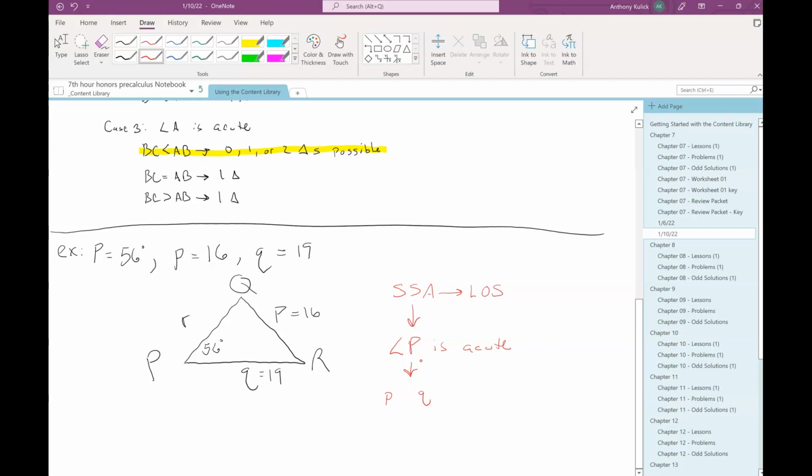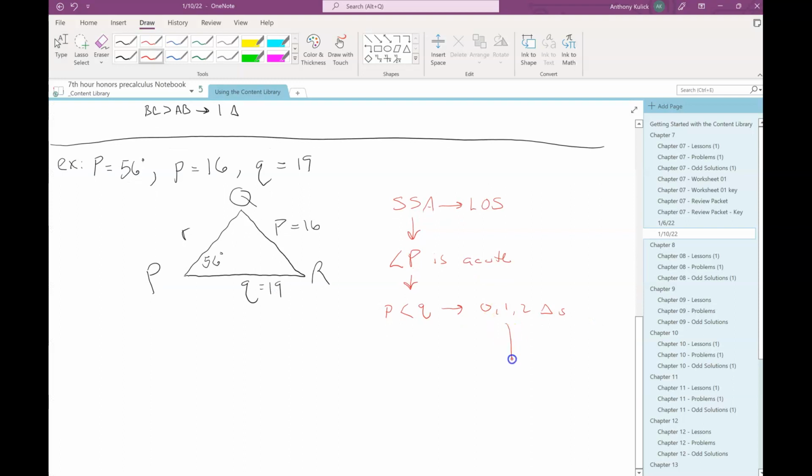So in this case, is that side opposite the given angle bigger, equal, or smaller than the other given side? Smaller, right? P is less than Q. So this is, in fact, the 0, 1, or 2 triangle situation.